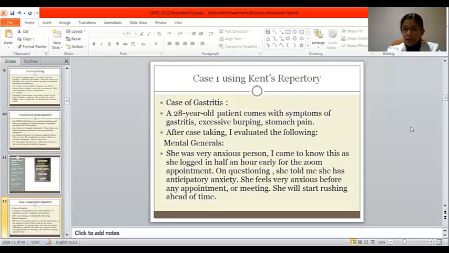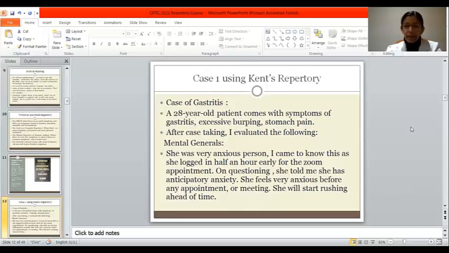She was a very anxious person. I came to know this because I do my consultations either in person or on Zoom, and this patient had opted for Zoom, and I saw that she had logged in on the Zoom meeting half an hour before the actual time of the meeting.